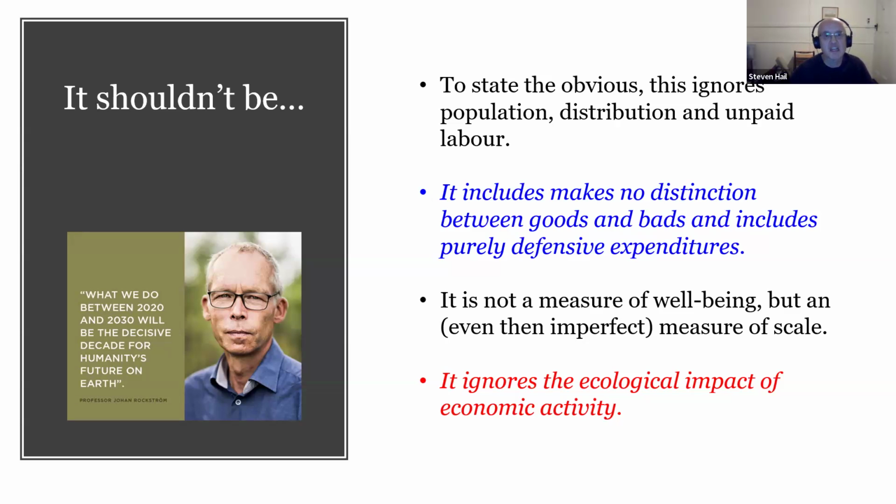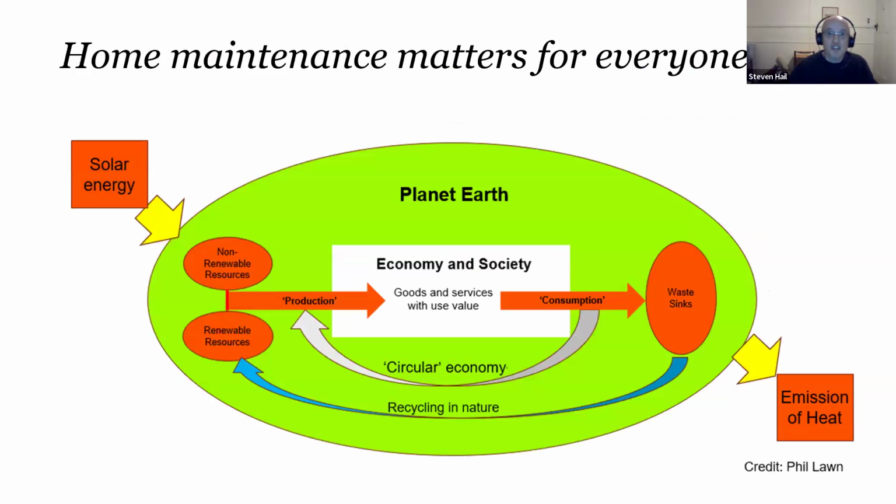We ought to have simple metrics of how successfully we are dealing with the problem of maintaining and improving people's quality of life without destroying our natural environment. Because looking after our home matters for everyone.